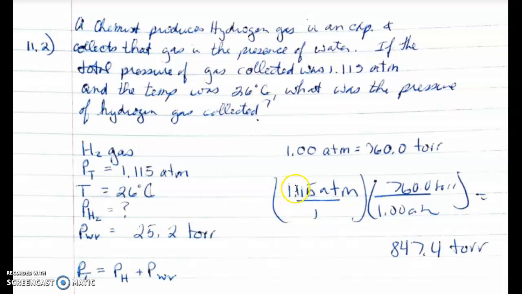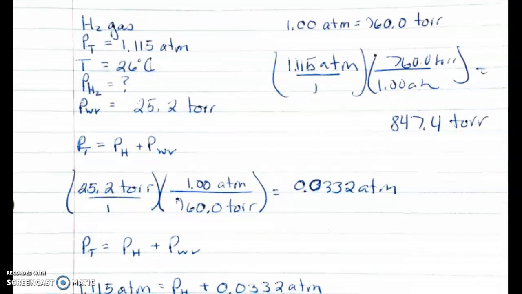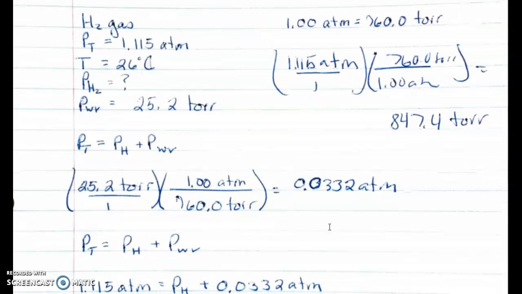Now there are 1, 2, 3, 4 significant figures here, and 4 here. So we want to have 4 in our answer. So we have 847.4 torr.